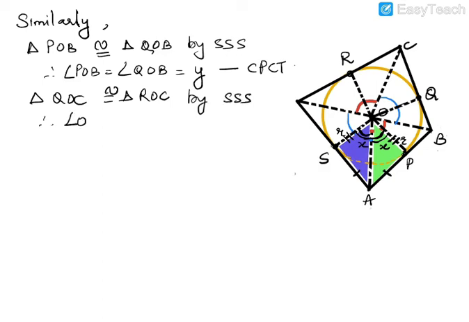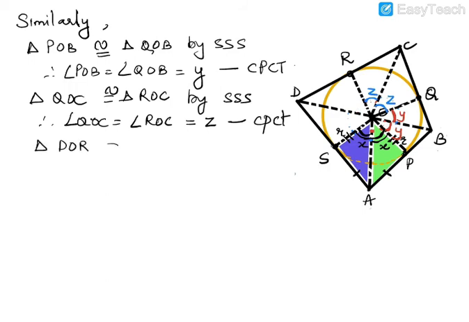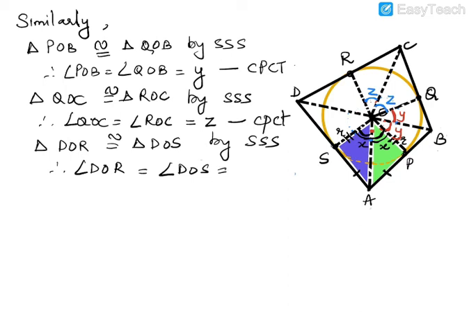Therefore, angle QOC will be equal to angle ROC. Let's mark these equal angles as Z. Similarly, we can prove triangle DOR congruent to triangle DOS by SSS, and therefore angle DOR will be equal to angle DOS. Let's mark these equal angles as W.